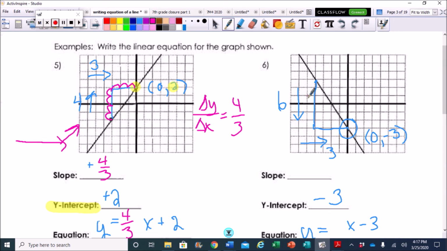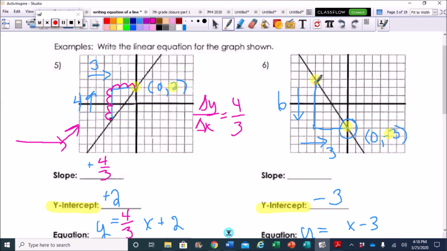So the next one, the y-intercept is right here. Crosses the y-axis at 0, -3. So -3 is our y-intercept. Now, my triangle, to go from any nice point to this down here, I got to count.